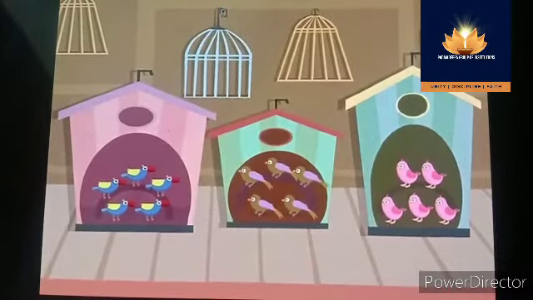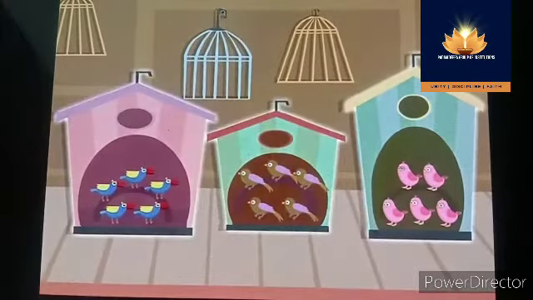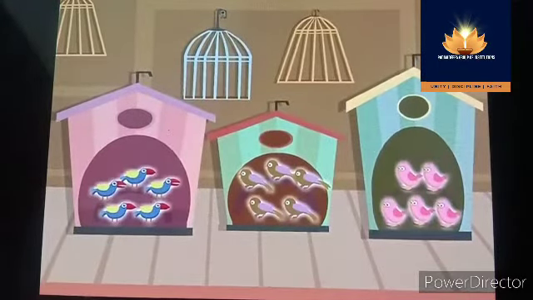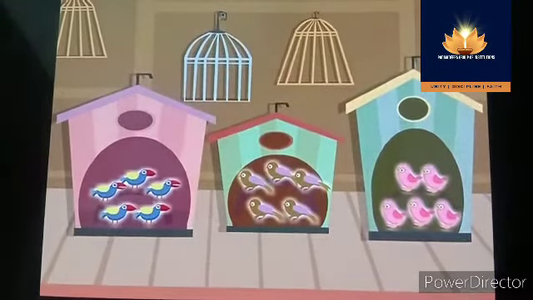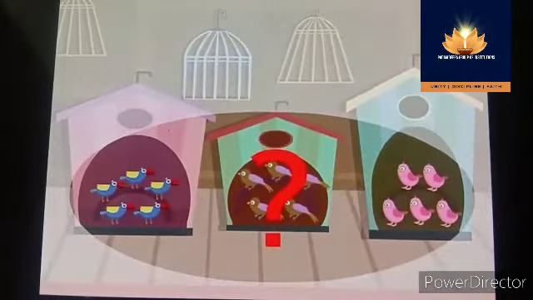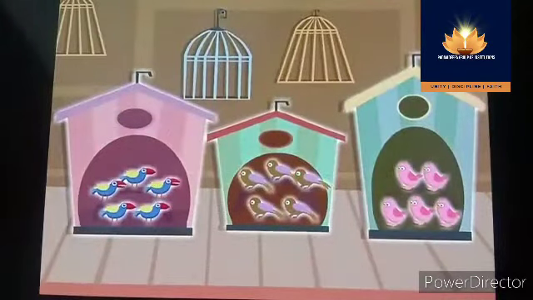Let us look at another example. There are 3 bird houses. There are 5 birds in each bird house. So, how many birds are there in all? To get the total number of birds, we add the number of birds in all 3 bird houses.